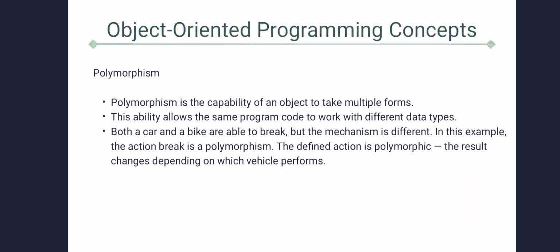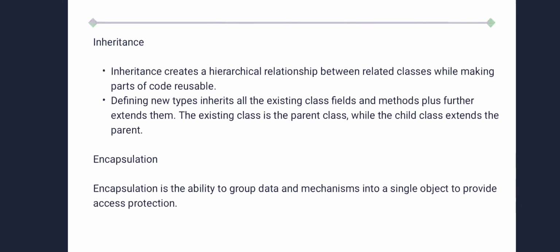Multiple types of people doing one single work is known as polymorphism. The ability to allow the same program code to work with different data types is also known as polymorphism. Many people doing one single thing is known as polymorphism.